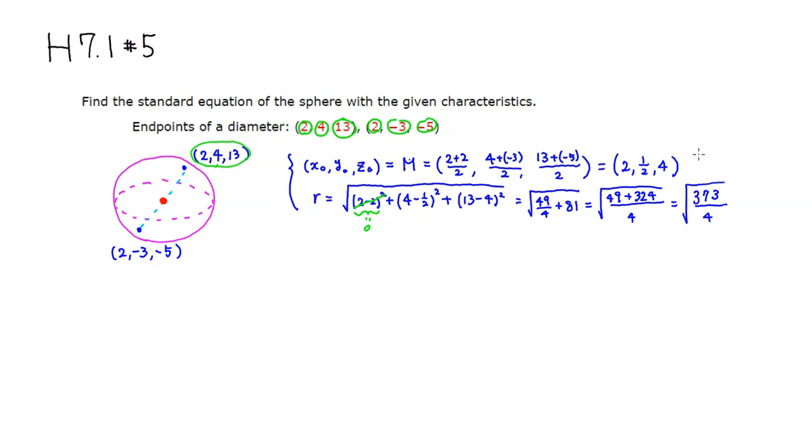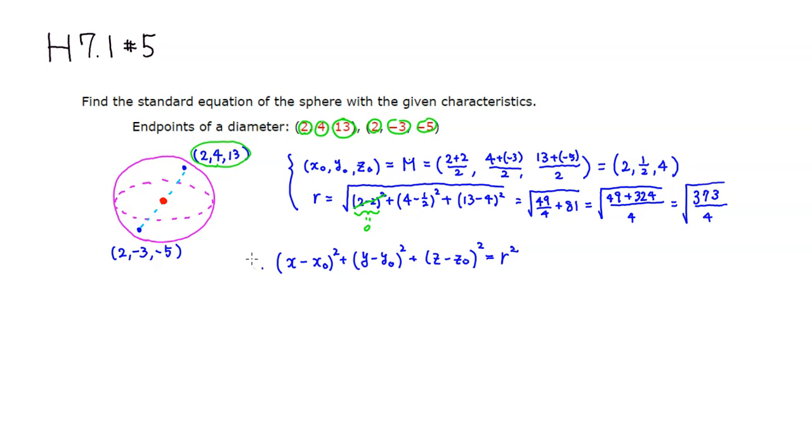Therefore, the equation is, remember the format: (x minus x0) squared plus (y minus y0) squared plus (z minus z0) squared equals r squared.